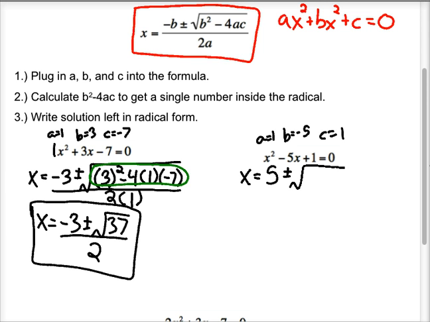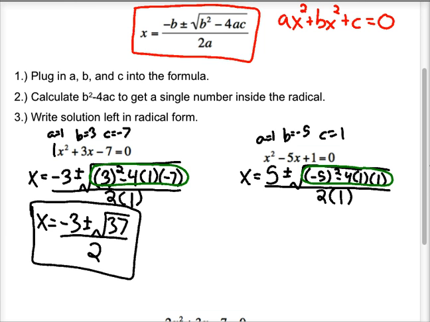Plus or minus the square root of b squared minus 4 times a times c, all over 2 times a. And again, our first step of simplifying, I want to get a single number inside my radical.